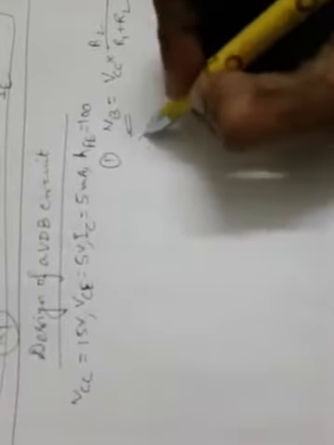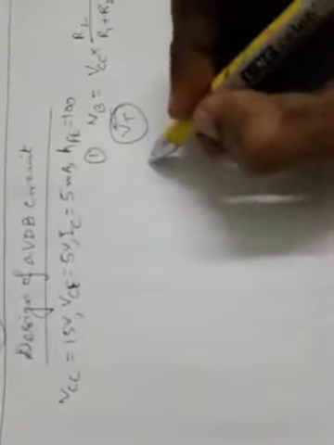Number one, we have found VB as VCC into R2 by R1 plus R2. This was actually called the VThevenin voltage in the simplified form. I told you in my last lecture.